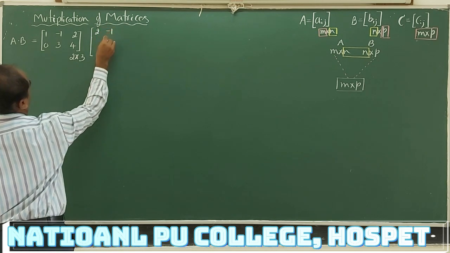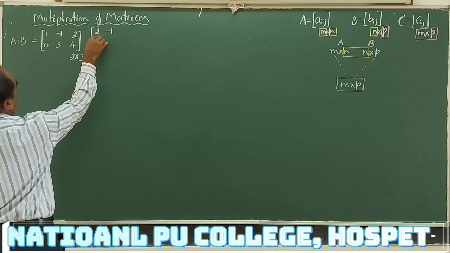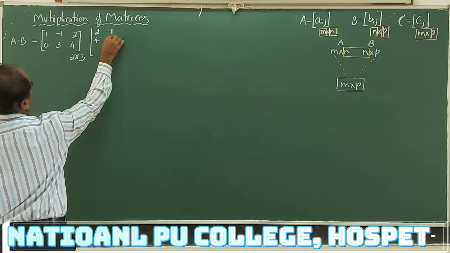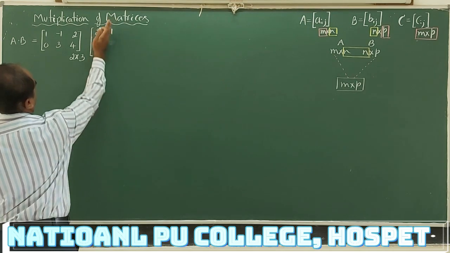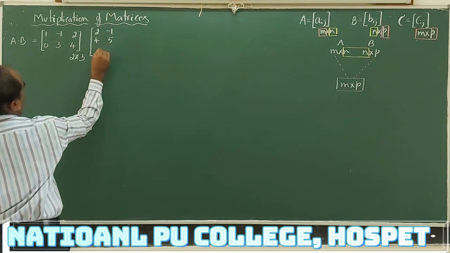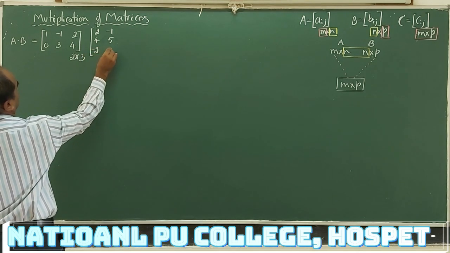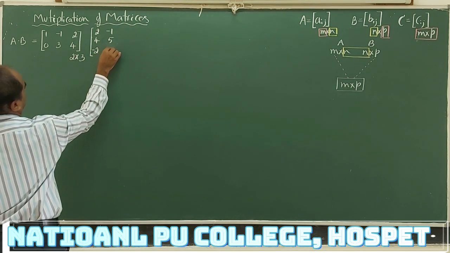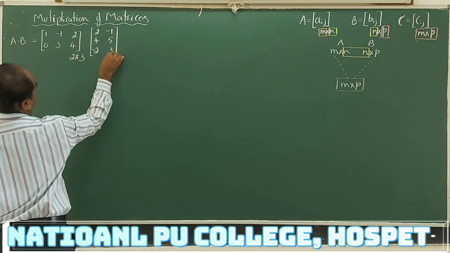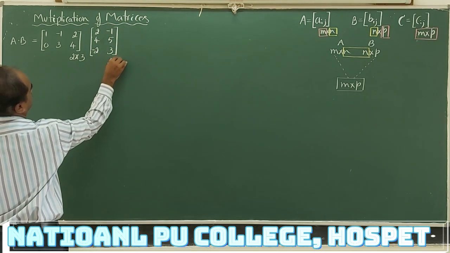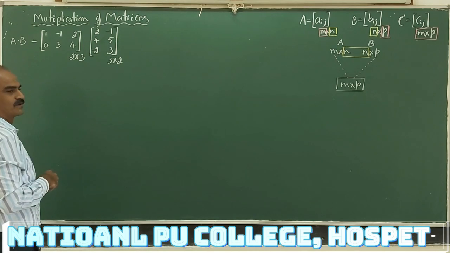So 2, minus 1; 4, minus 2, or you write 4, 5; minus 2, 3. So this is a matrix of order 3 by 2.